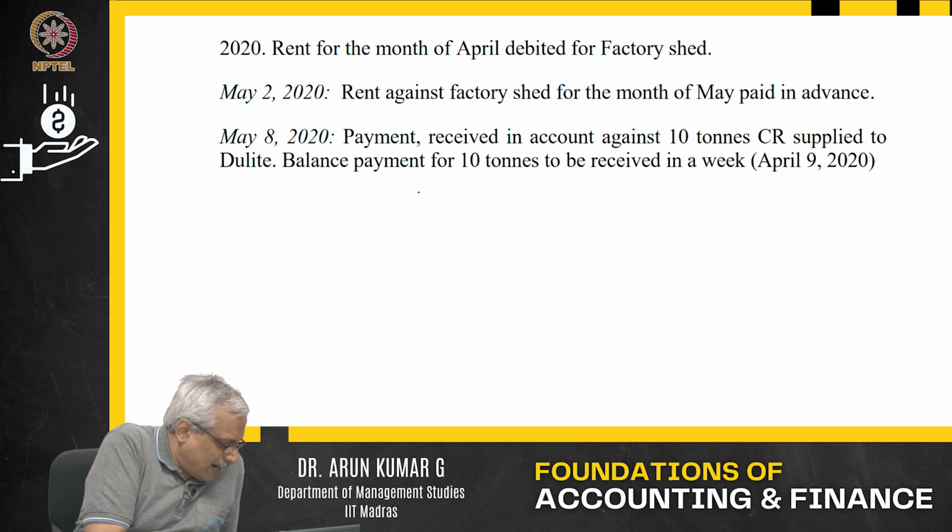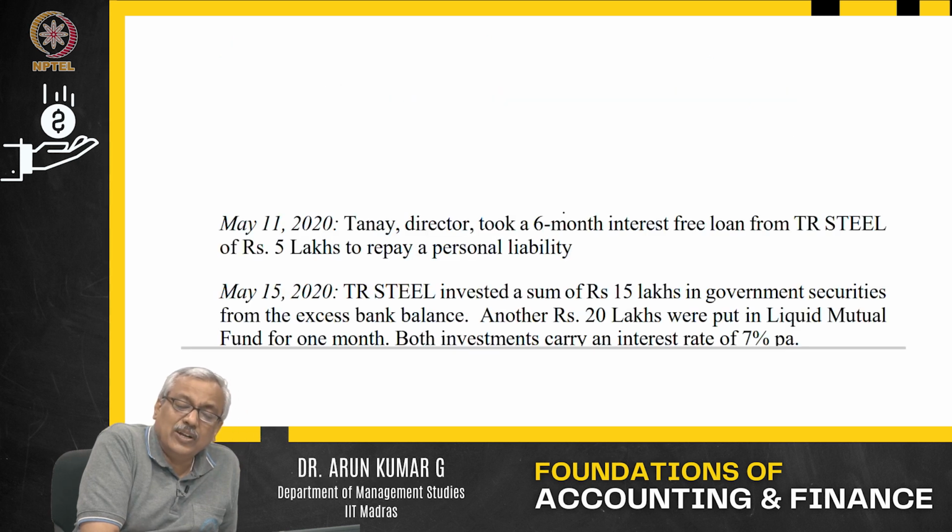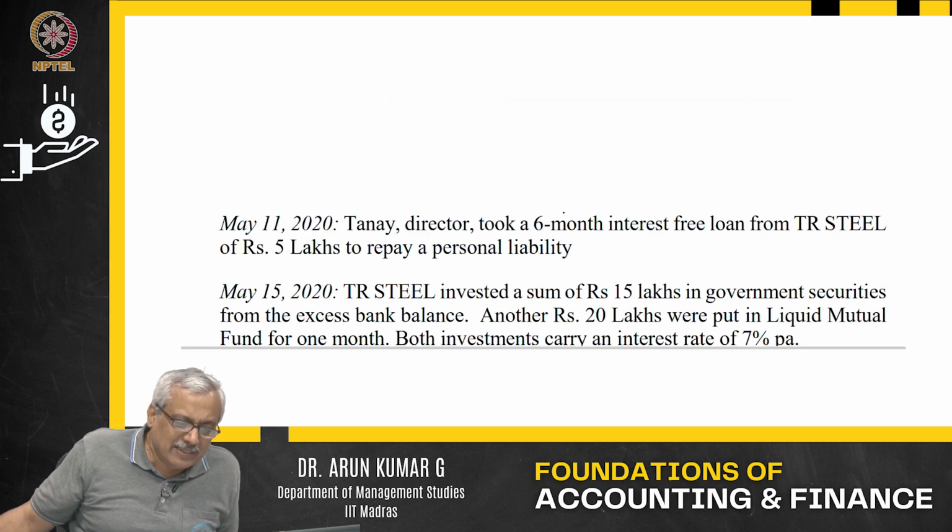April 6th, if you look at, you executed an order for GS and you are supposed to receive the payment 30 days later.